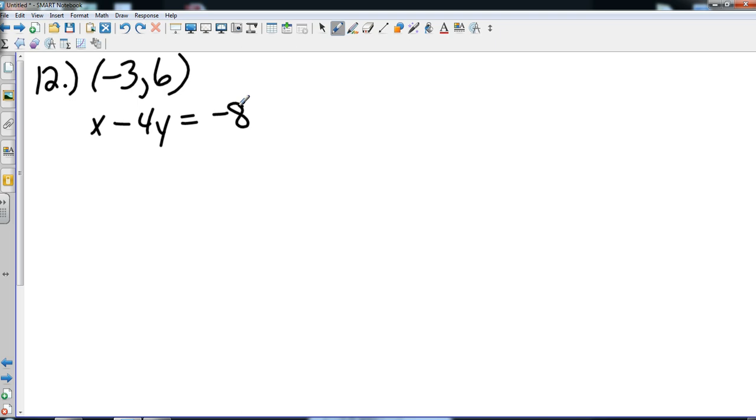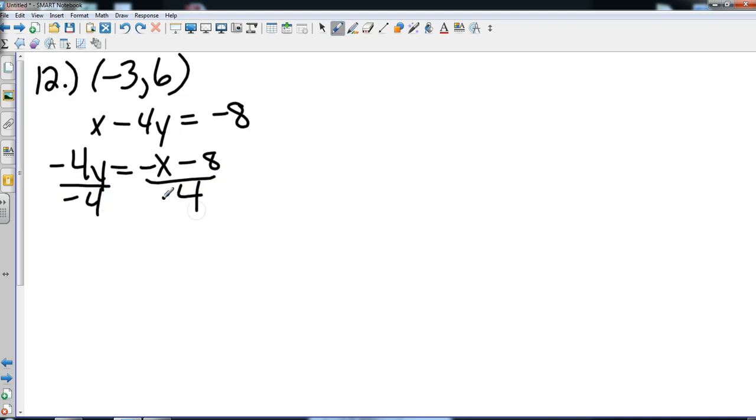I got to find out the slope. How do I do it? Got to get y by itself. How do I do it? Minus the x. And then last step is going to be to what? Divide by negative 4.